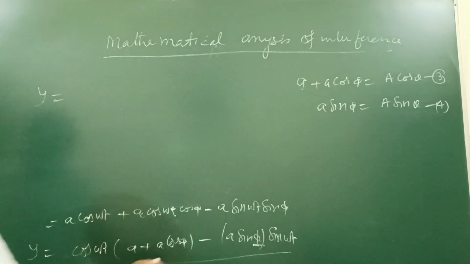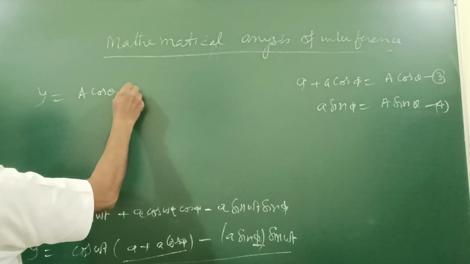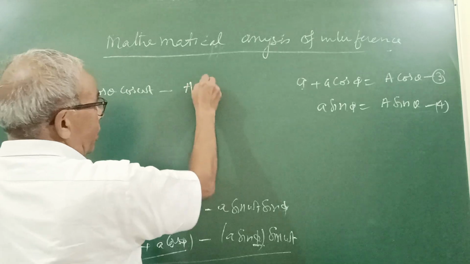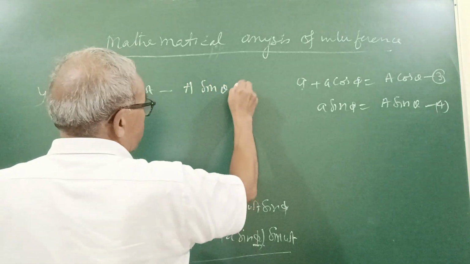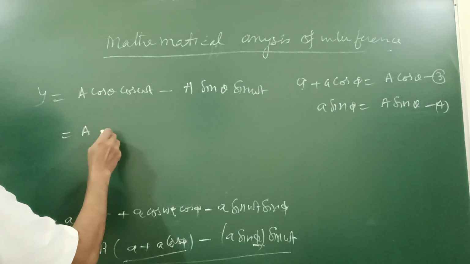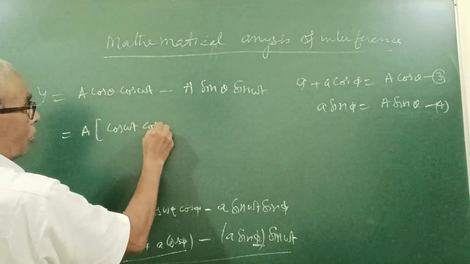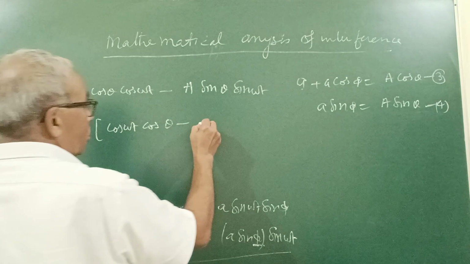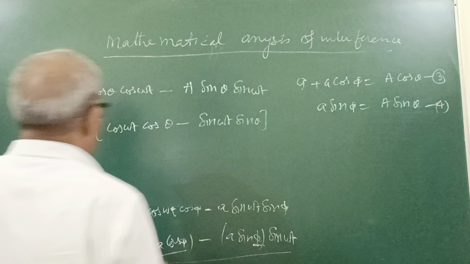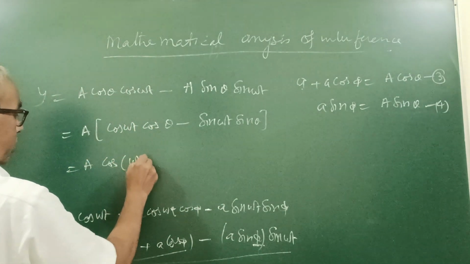y equal to A cos theta cos omega t minus A sin theta sin omega t, and we get A bracket cos omega t cos theta minus sin omega t sin theta, and it becomes A cos omega t plus theta.